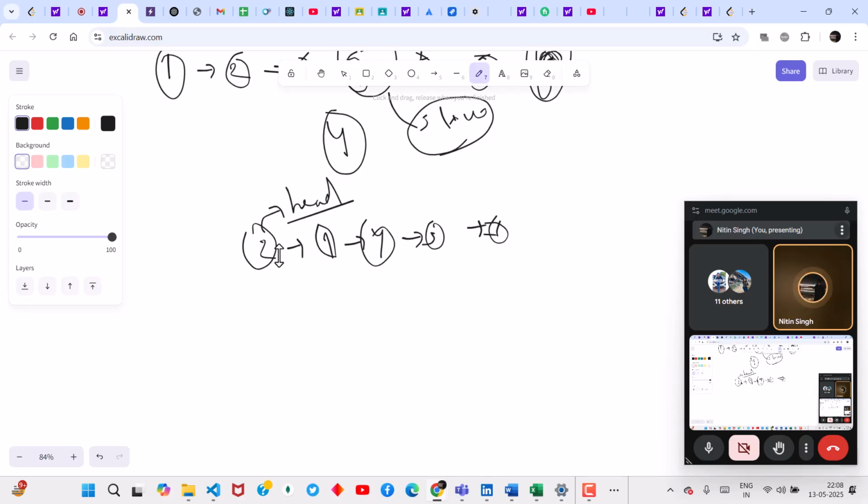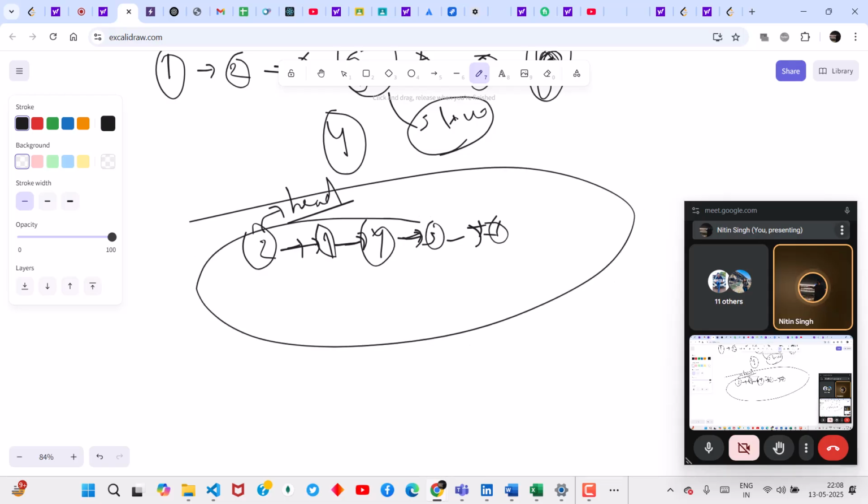Because head is having the reference of next node. This guy is having the reference of this node, this node, this node. So basically, if I would be giving you the head of a linked list, I will be having the reference of all the nodes. So if I'm returning my middle node, I'm returning these two guys also, because the middle node is having the reference of all the nodes after that node. So returning a node is very different from returning a value.